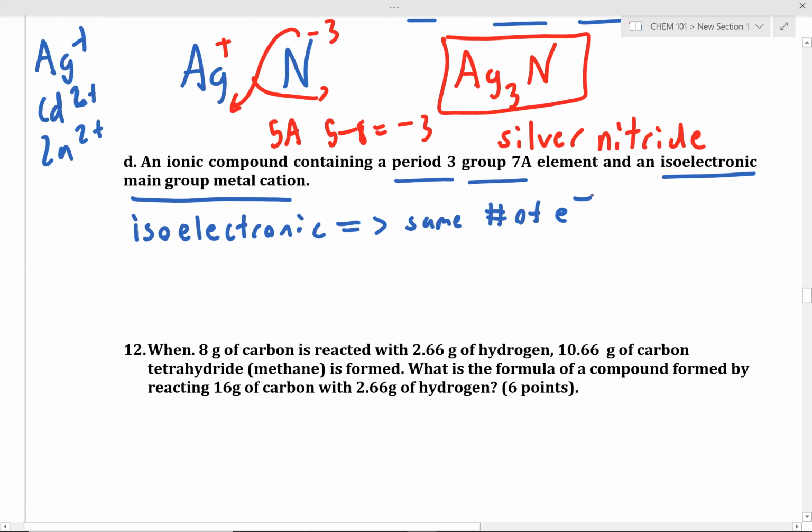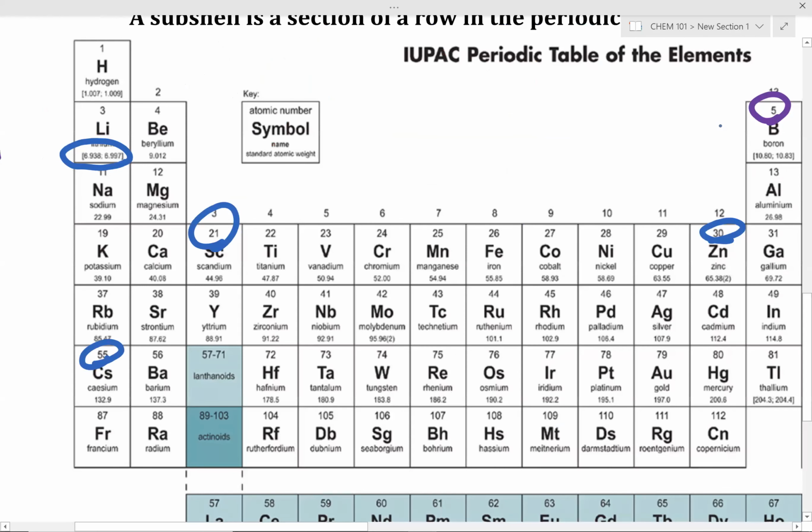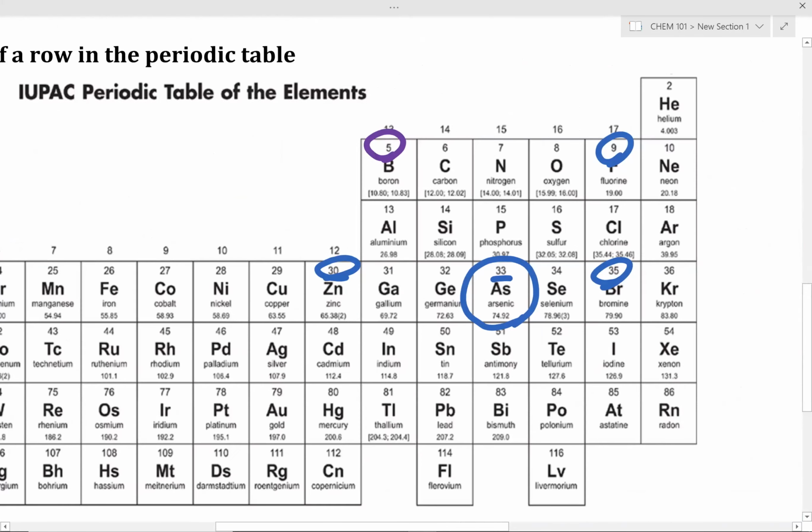Okay, so first things first, a period 3 group 7A element. What element is that? So let's go to our periodic table. Period 3, so we're in the third period, 1, 2, 3. Group 7A, what element does that correspond to? Chlorine, yep.